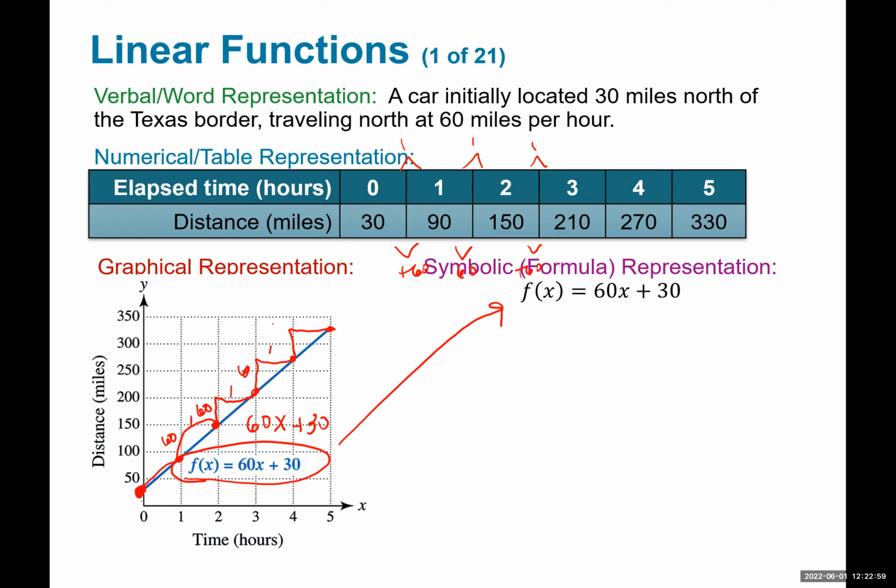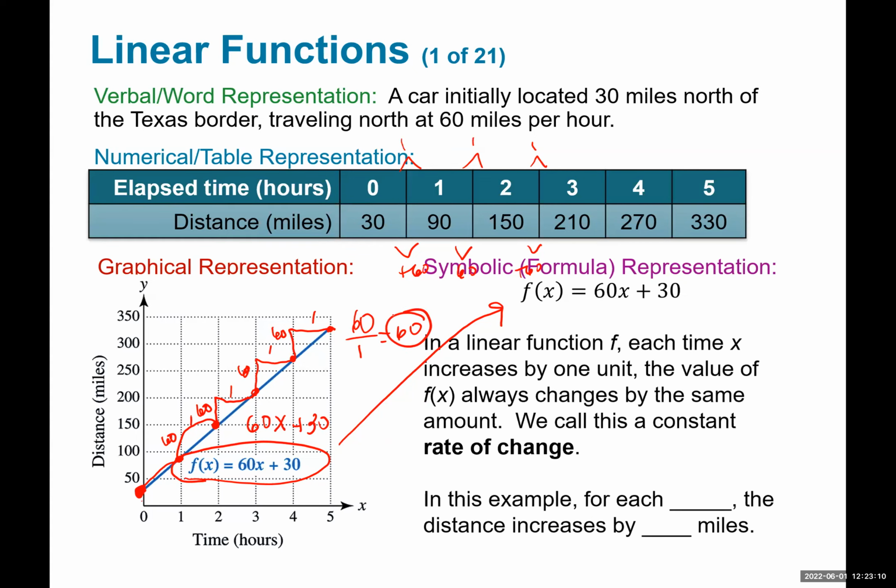You probably remember this as rise over run, 60 over 1, and that's just 60 as your slope. We call this a rate of change. In this example, for each hour, the distance increases by 60 miles.